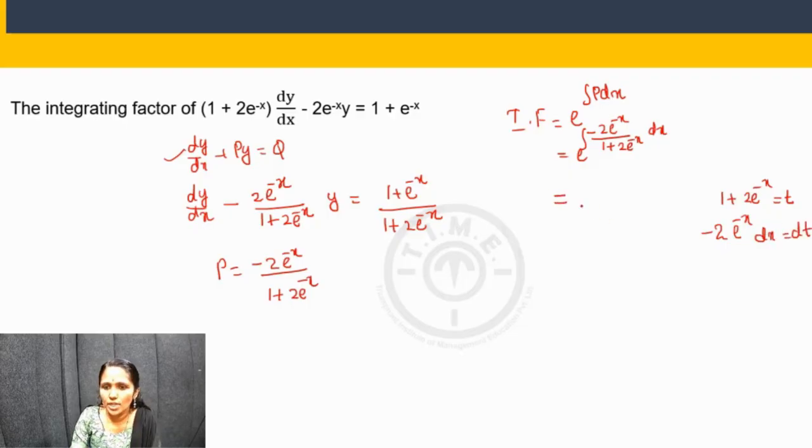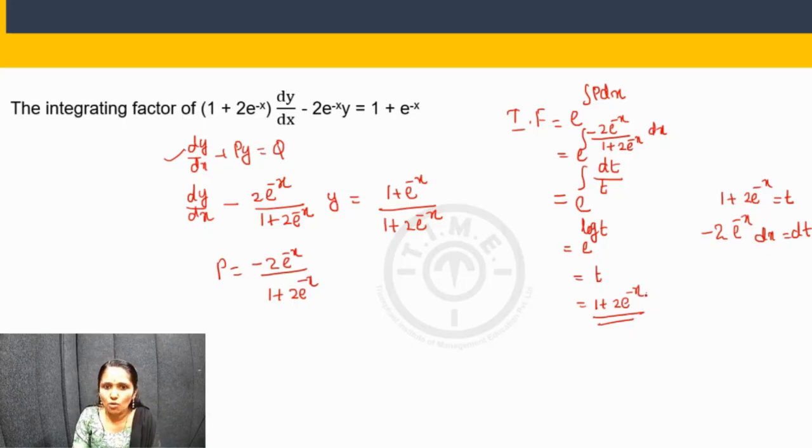Now this is equal to e raised to integral dt by t. The integral of 1 by t is log t, so we get t. So t is 1 plus 2 e raised to minus x. This is the integrating factor of the given equation.